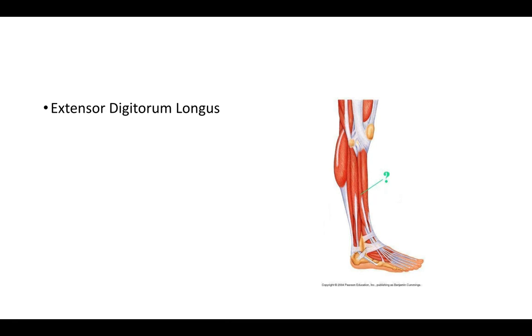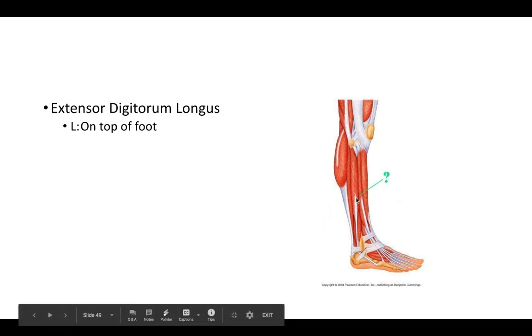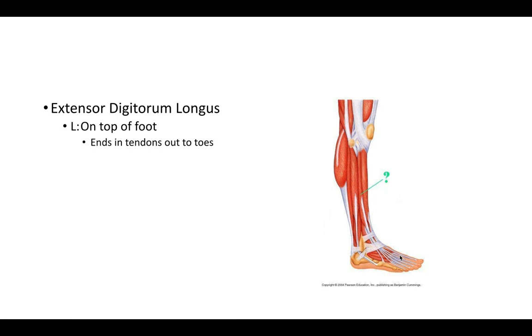If you were with me for arm muscles in class this past week, you learned that there's actually an extensor digitorum that goes down into your fingers as well. Same thing, there's one that goes down into your toes. This is just below the tibialis, and it extends down into tendons that go out into each of our toes. And this will help us to draw our toes up.